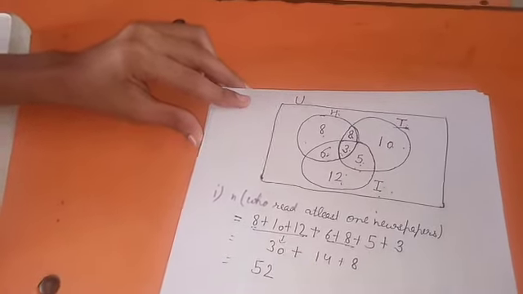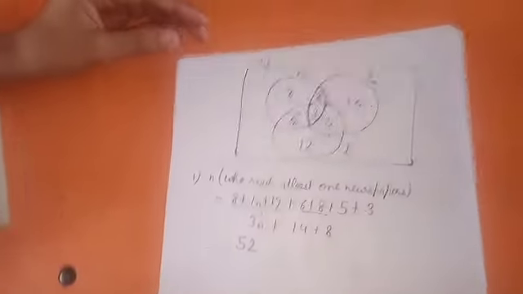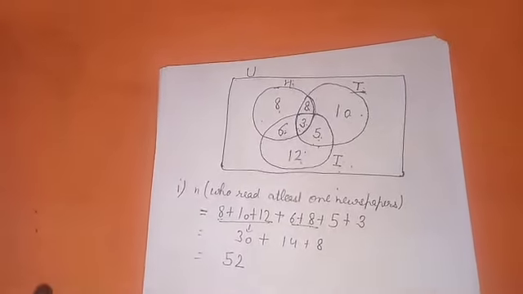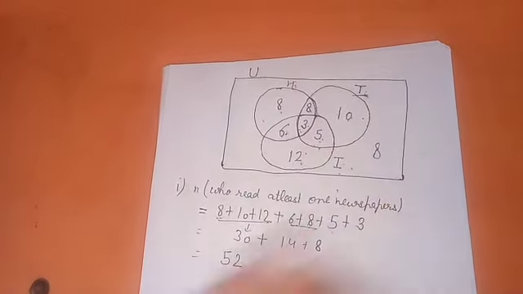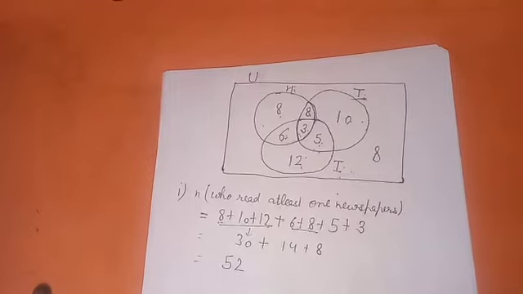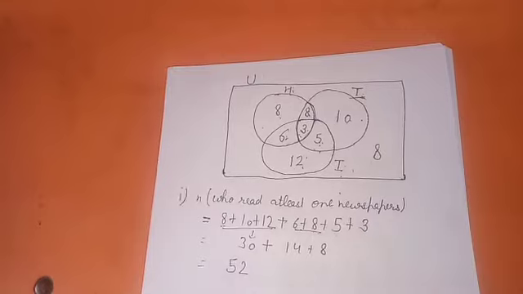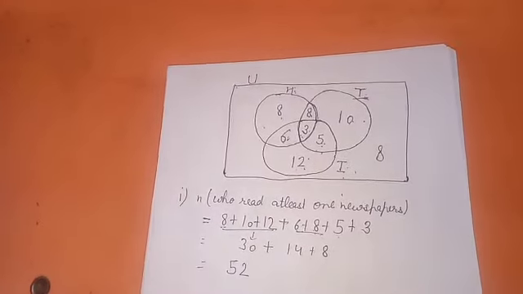So 52 out of 60 people were reading at least one newspaper. That means 8 people were not reading any of the newspapers, so we list them outside every circle. That was our first part.